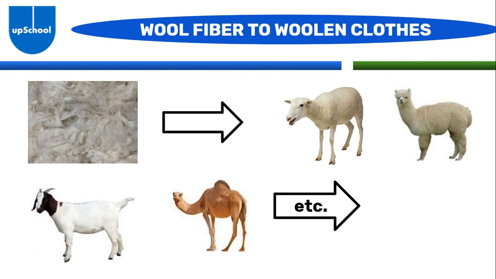So what exactly is wool fiber? Well, yes, wool fiber is from animals, but what animals? Wool fiber is from the fleece or the fur of sheep, alpaca, goat, camel, and etc. Basically, all animals that yield wool, we use this fleece, the fur that contains these wool fibers, to make the fabric.